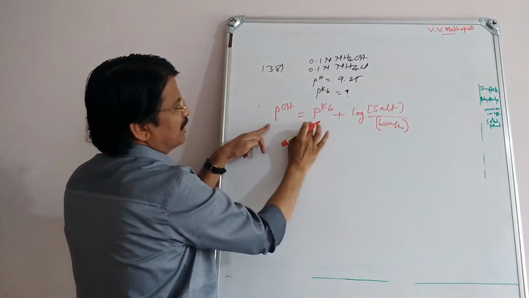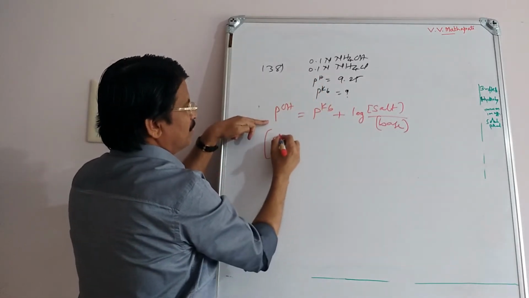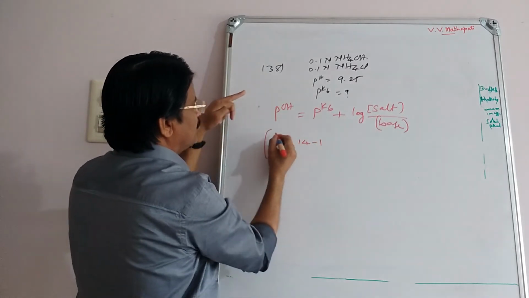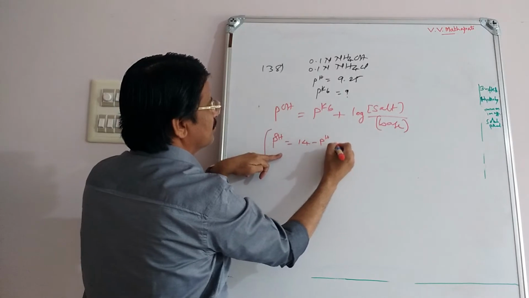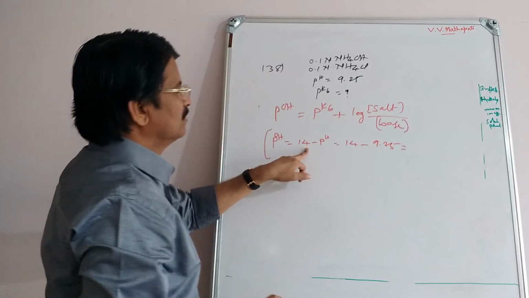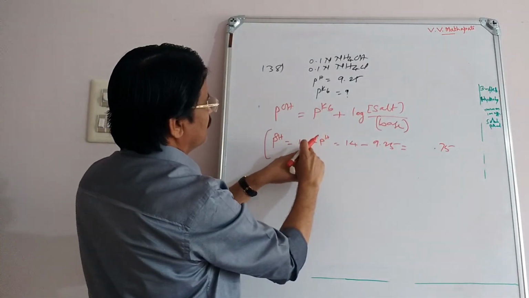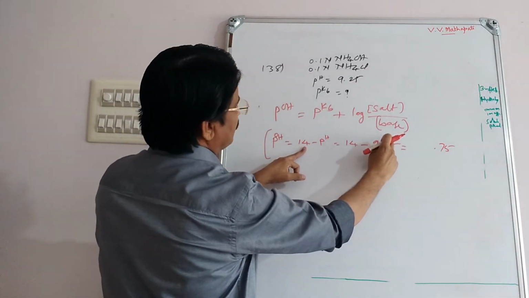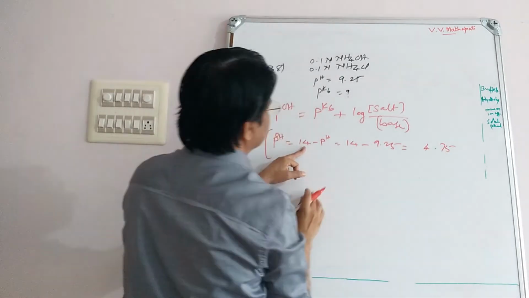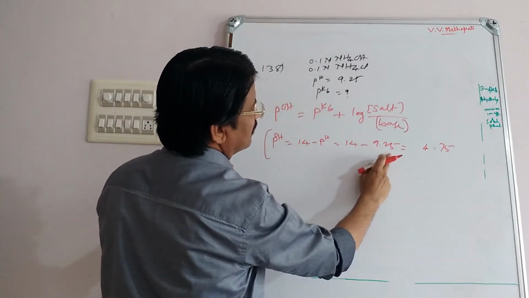Just think about the question. Here by this method we get pKb, but first we have to find pOH using pH. You know pOH equal to 14 minus pH. 14 minus the pH value 9.25, that is 4.75.